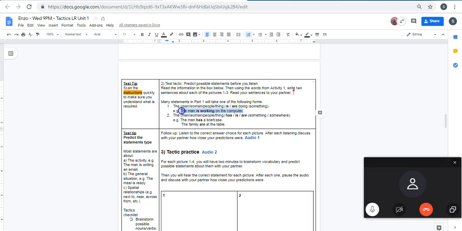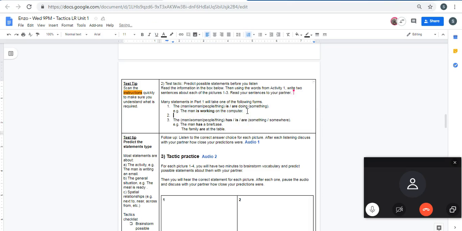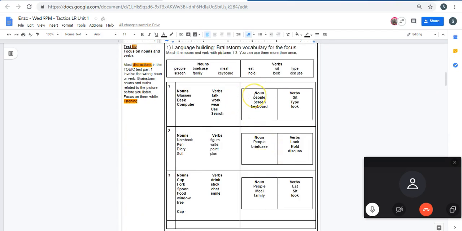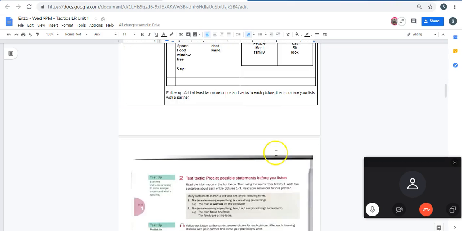Can you read it? The man is working on the computer. All right. So right now, I want you to construct another possible sentence using the nouns that you've added on top: people, screen, keyboard, and the verbs sit, type, and look.